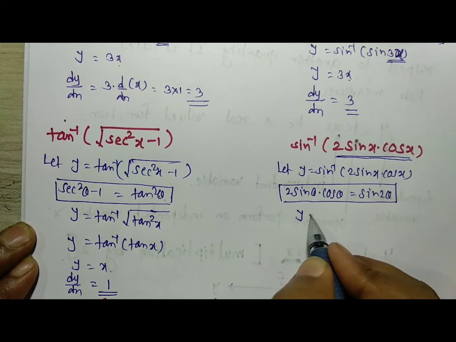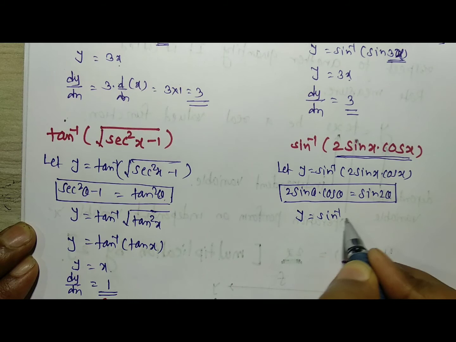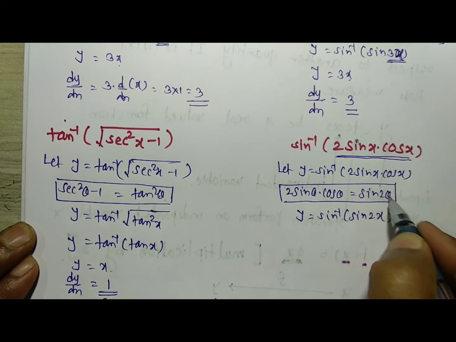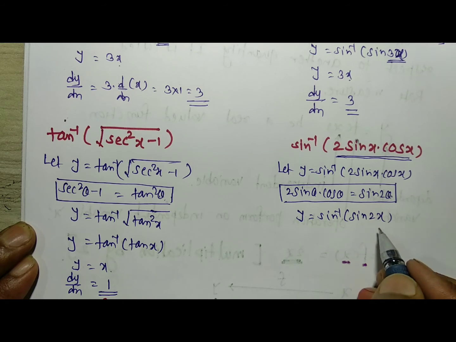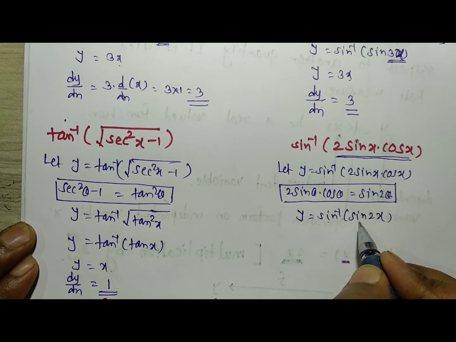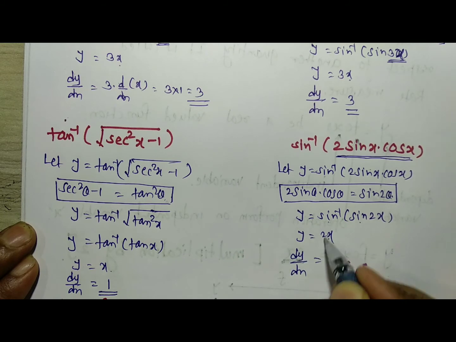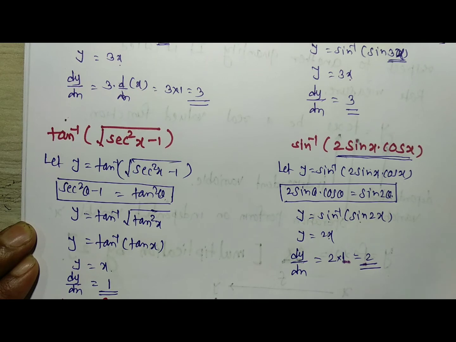You will get y is equal to sine inverse sine 2x, because theta is replaced by x. Sine and sine inverse are cancelled to each other, therefore y is equal to 2x, and y is a function of x, therefore the derivative of y with respect to x is nothing but 2 into the derivative of x, which is 1, and therefore you will get the answer 2.